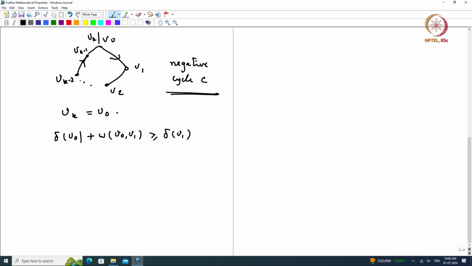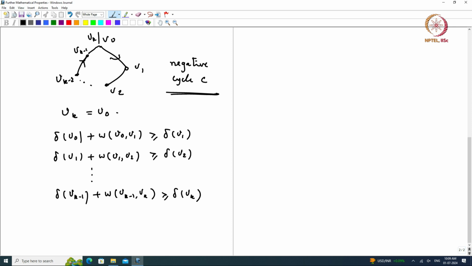For the edge V1V2, delta V1 plus W V1V2 is greater than or equal to delta V2, and so on. Finally, the last one, delta Vk minus 1 plus W Vk minus 1 Vk is greater than or equal to delta Vk, because for each edge in the cycle this is true.